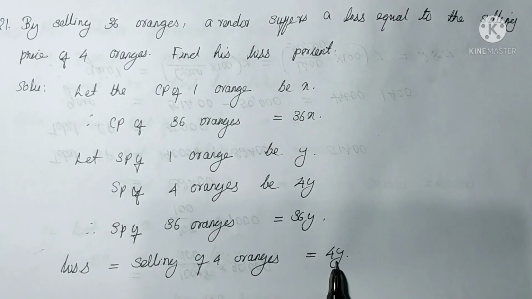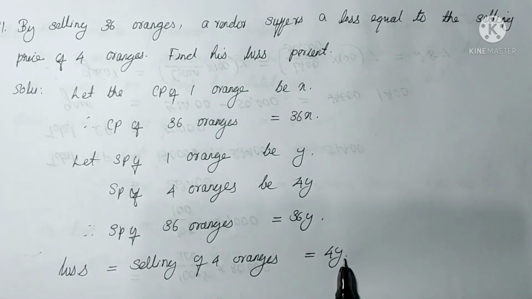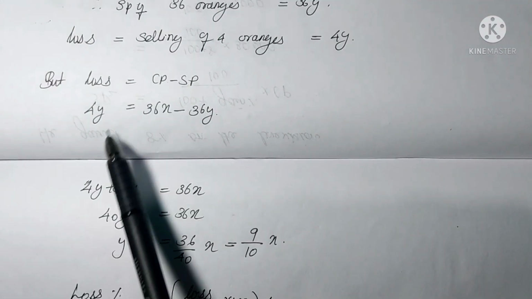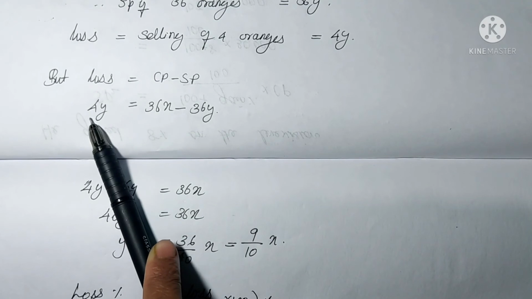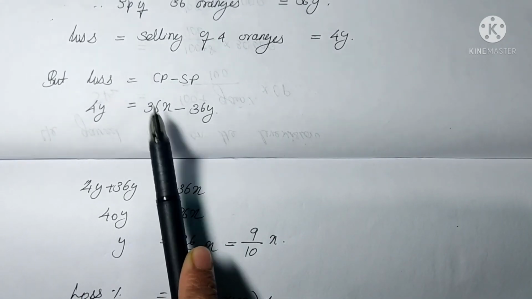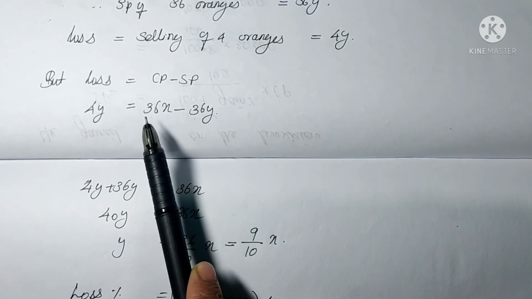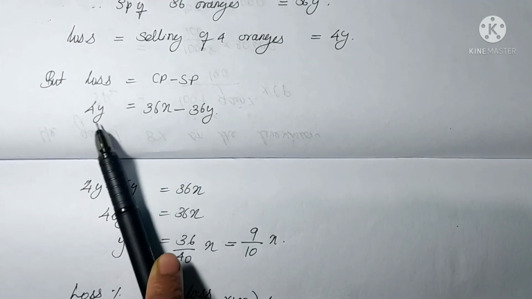Now we can see what is this y. Here we have taken loss is equal to 4y. Now, what do you mean by this loss? Loss means CP minus SP. Here loss is 4y. CP is 36x. SP means 36y. So from here we can find the value of y. Take this 36y to the other side.